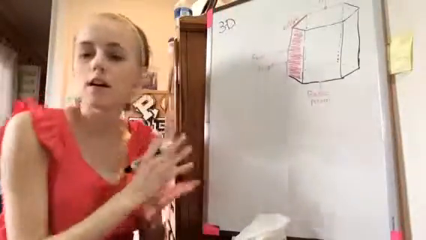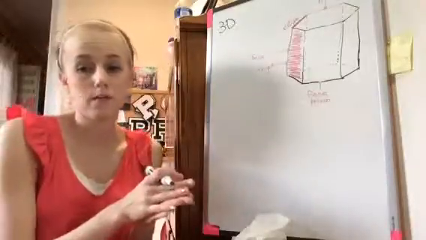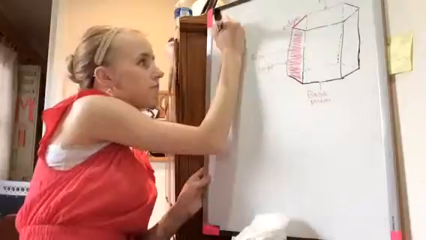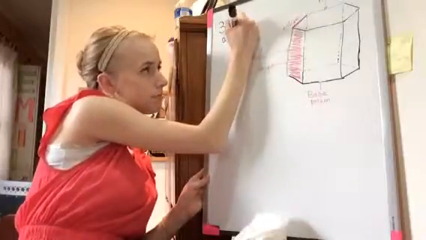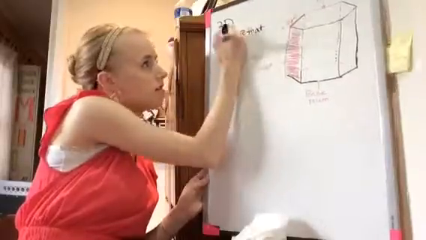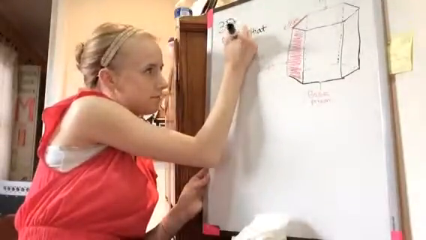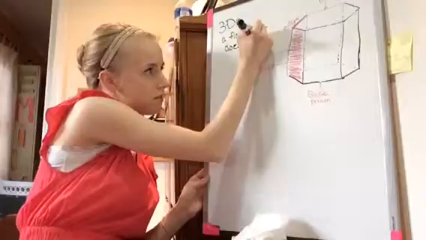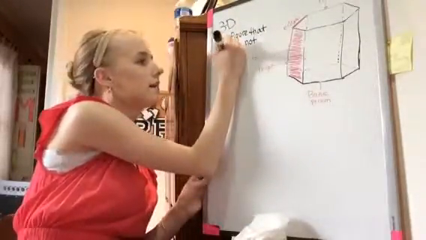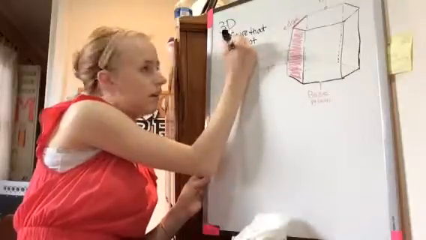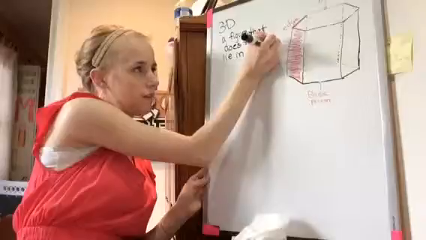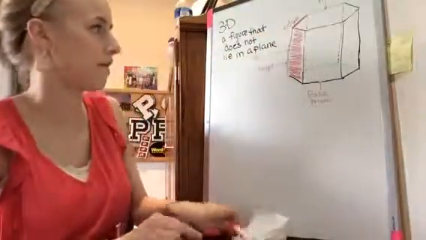A three-dimensional figure, or a solid, is a figure that does not, oops, I'll have to rewrite face in, lie in a plane. Now you're probably thinking, Miss B, what the heck does that mean?